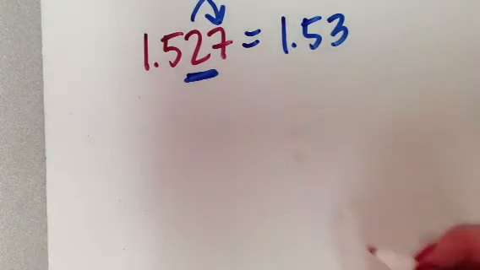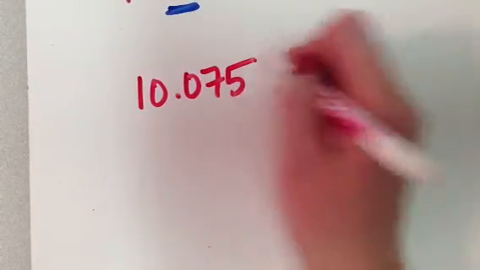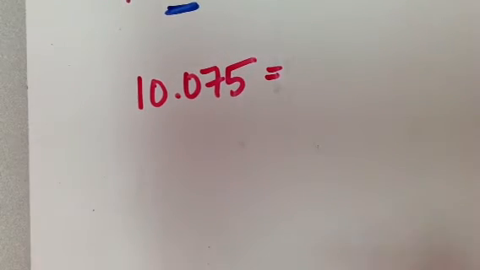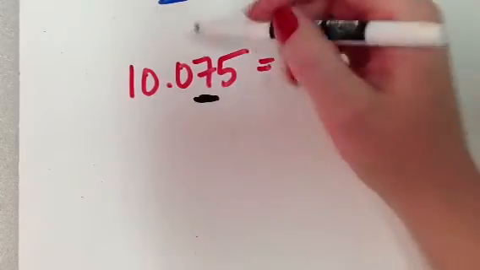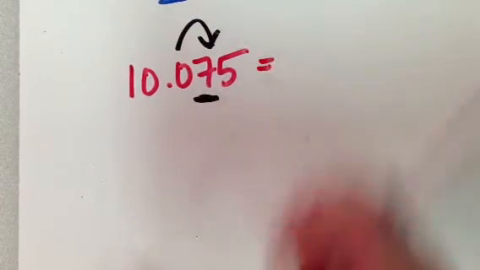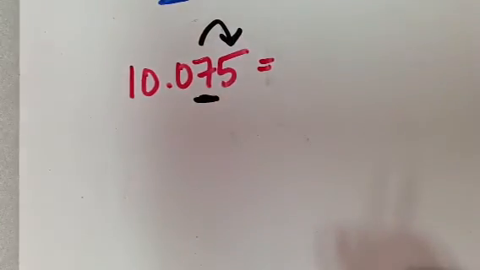Let's look at another example. What if I had 10 and 75 thousandths, and I want to round it to the nearest hundredth? There's my hundredths place. I'm looking to the guy to the right of him.